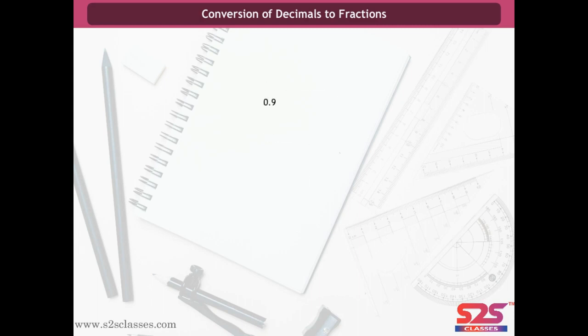Similarly, we can write 0.9 as 9 by 10, 0.593 is equal to 593 by 1000, and 0.00243 is equal to 243 by 100,000.